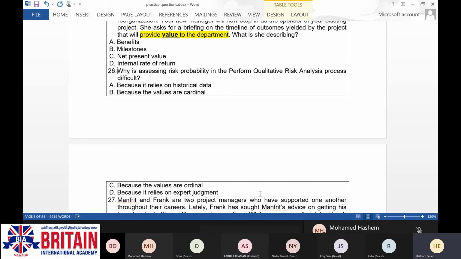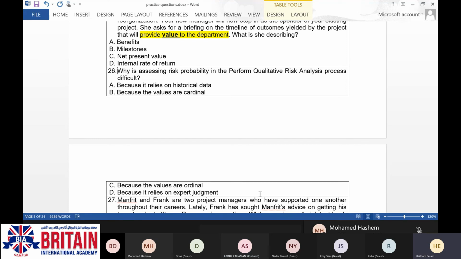But for qualitative risk assessment, we are going to depend on our expertise and our historical data.